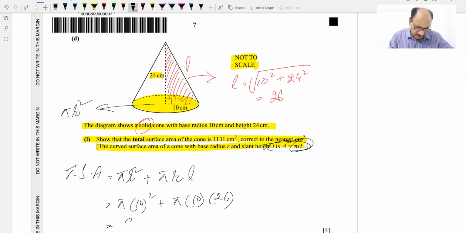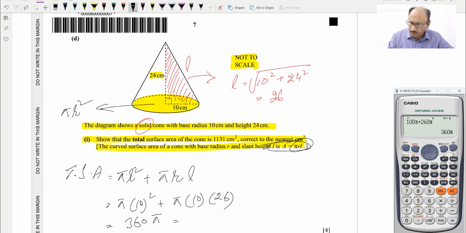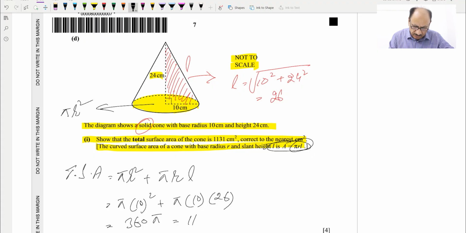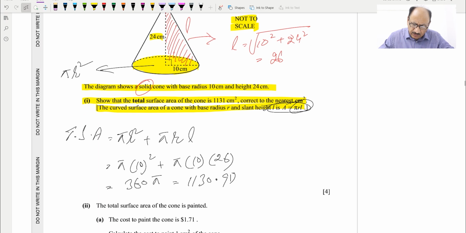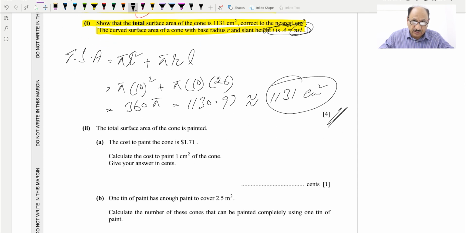In decimal we will get 1130.97, and they are saying correct to nearest centimeter, so approximately equal to 1131 centimeter square, and this one is for 4 marks. Hopefully you understand this as well.